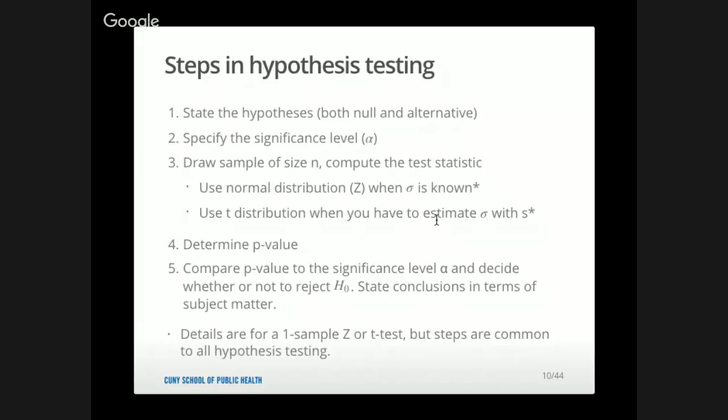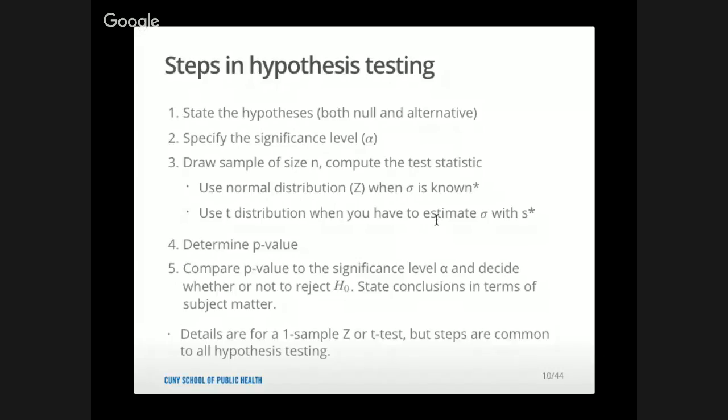And that's your p-value, the probability of observing the test statistic that you have or something more extreme given your null distribution as assumed under the null hypothesis. Then finally, you compare the p-value to your significance level alpha and either reject or do not reject your null hypothesis and state conclusions in terms of your subject matter.